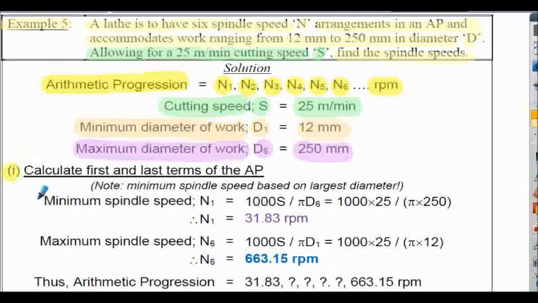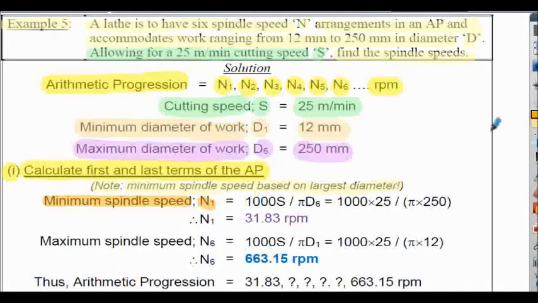So, step 1, we're going to calculate the first and the last terms in the arithmetic progression. Just a note for reference here, the minimum spindle speed is based on the largest diameter. So let's consider the minimum spindle speed. I've labelled that as N1 here.